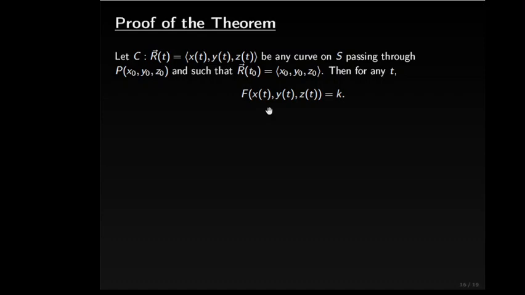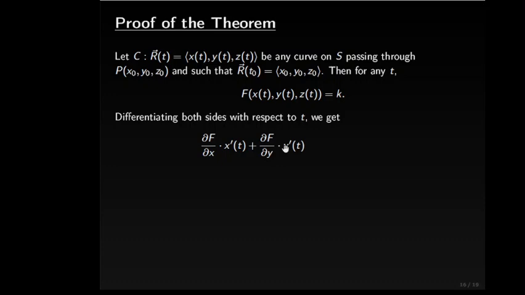Now differentiating this equation with respect to t, we get that partial f with respect to x times x'(t) plus partial f with respect to y times y'(t) plus partial f with respect to z times z'(t) must be 0, since the right side of this equation is 0.